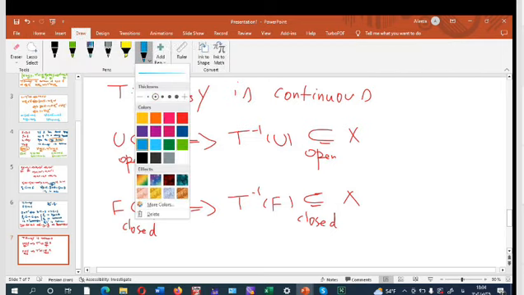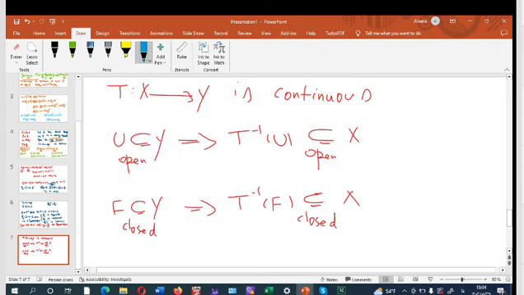This is equal to this, and this is equal to this statement.